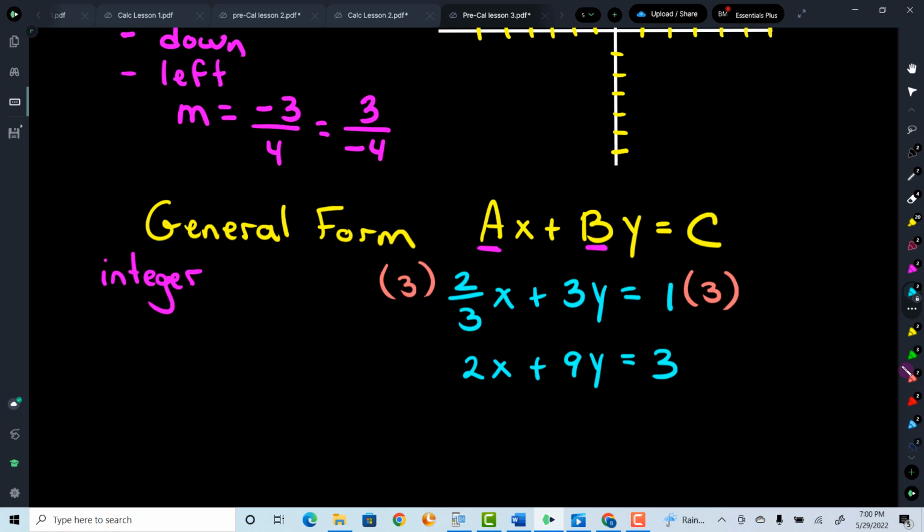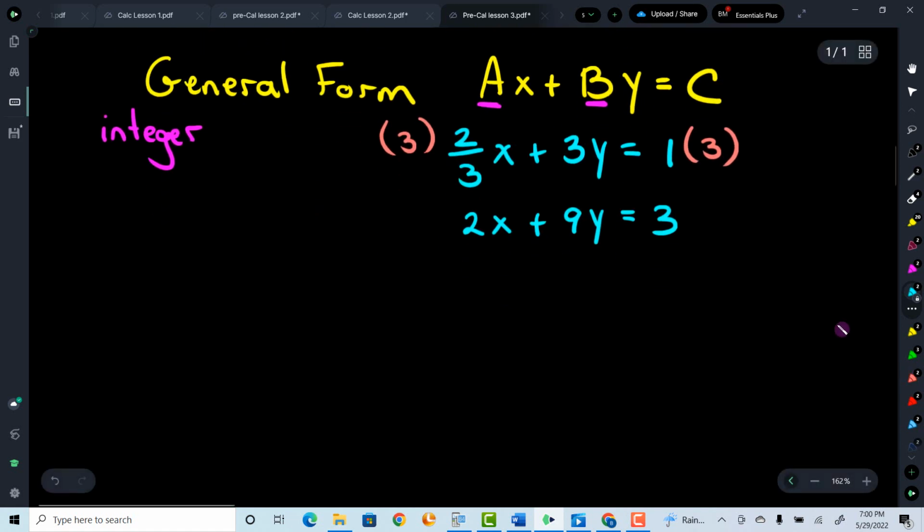but the general form is harder to graph from. So if I wanted to graph it, or if I wanted to know what the slope is, I'd have to take that equation and change it to slope-intercept form. So how would we do that, right? Slope-intercept form is y = mx + b. So we want to isolate the y.